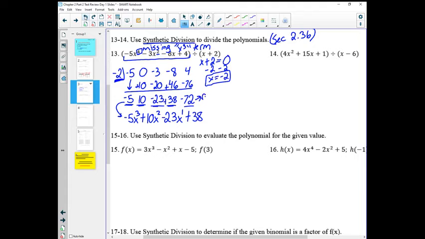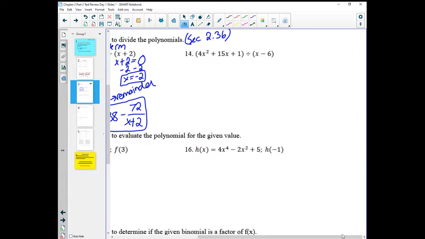And this minus 72 at the end is the remainder. So minus 72 over what we divided by, x plus 2, goes at the end. That's how you divide polynomials using synthetic division.